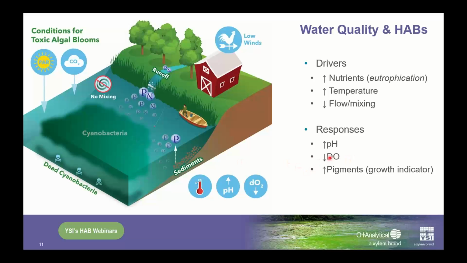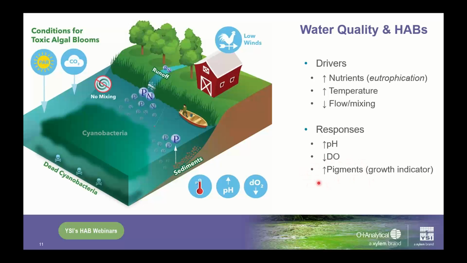I already mentioned decreased dissolved oxygen. And an interesting note, when we talk about fish kills, for example, that are related to harmful algal blooms, it is typically because of the decreased oxygen. It's not because of toxins. But the act of photosynthesis that these algae are doing increases the pH, which is also very damaging to a lot of aquatic life.